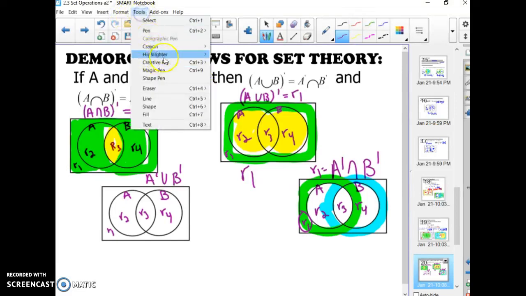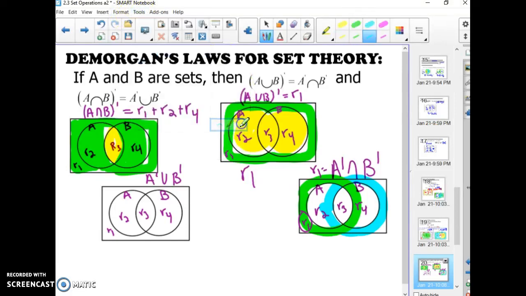So then I'm coming over here. A complement is everything on the outside. B complement is everything on the outside of B, because I can't include any of B. And so here's the thing, it's union, so what regions do they touch? Region 1, region 2, region 4.